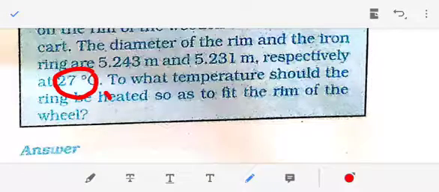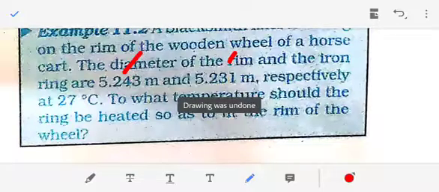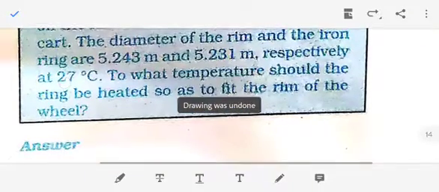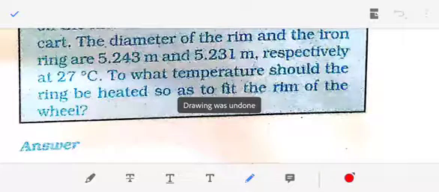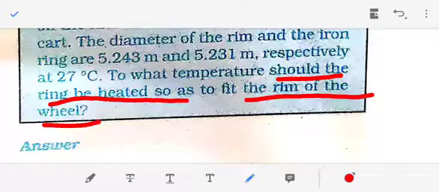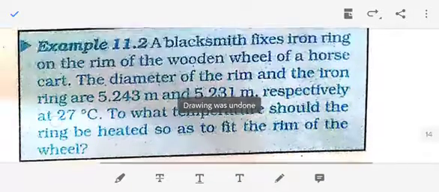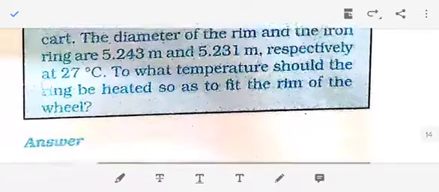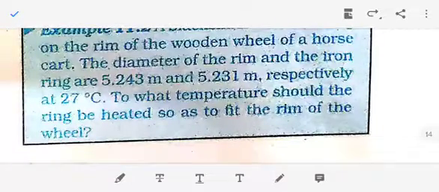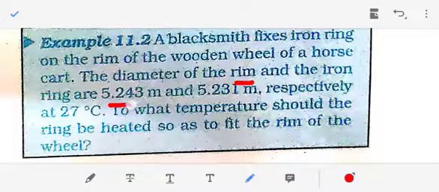This was the initial temperature, and these are single dimensions, not areas. To what temperature should the ring be heated so as to fit the rim of the wheel? We have to find that temperature.